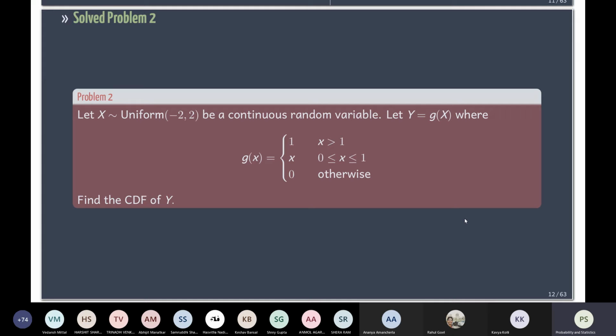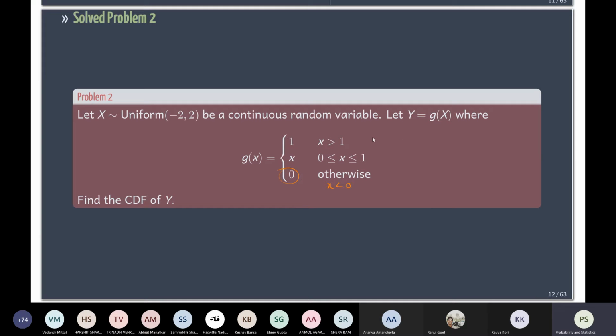So the range of y is between 0 and 1 only, because below 0, that is x less than 0, the random variable won't contribute anything. The random variable itself is defined to be 0 there.